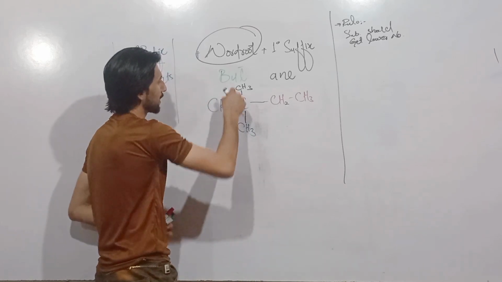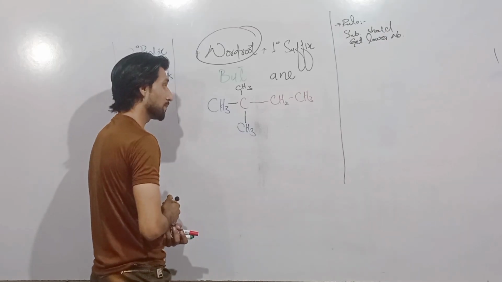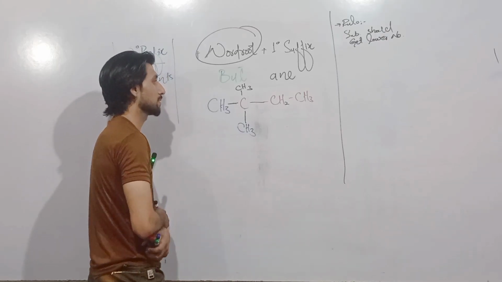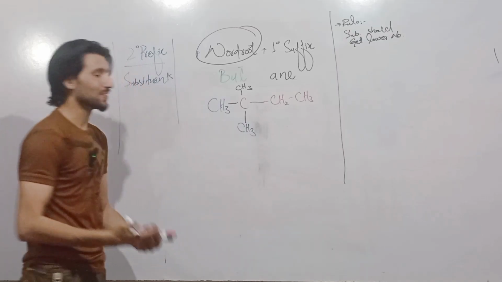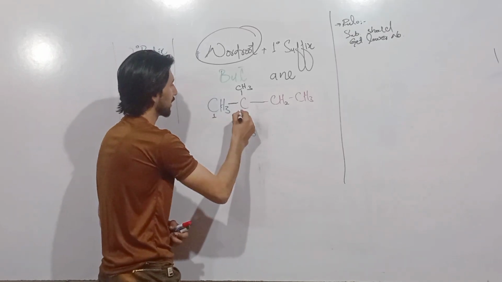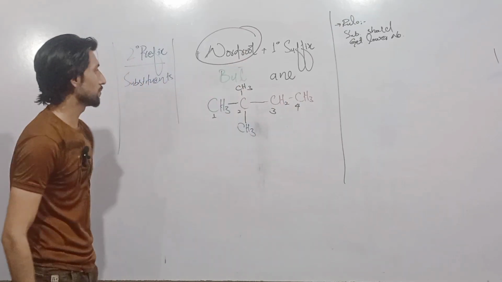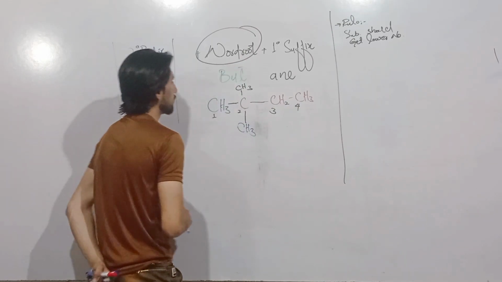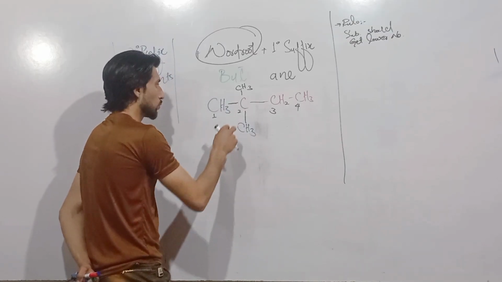So now both methyl groups are attached at 1 carbon atom. From which end should we number this compound? Logically, we should number it from this side, 1, 2, 3, and 4, as we have learned the rule. Now, should we mention the number 1 time or twice?